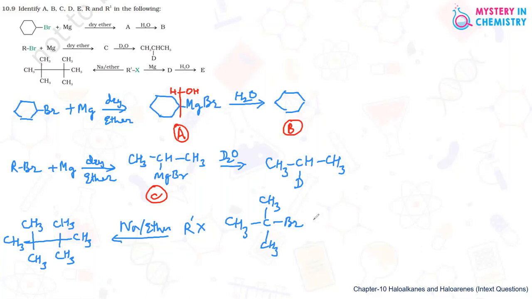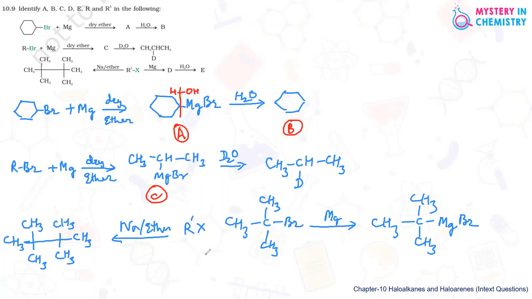After that, it is said that this compound is reacting with magnesium, and the product formed is CH3, C, CH3, one more CH3, magnesium bromide.